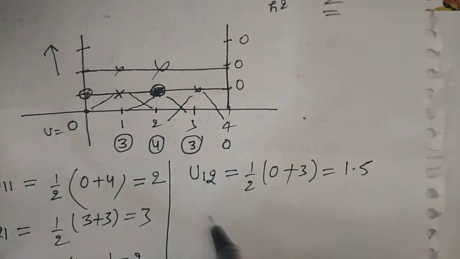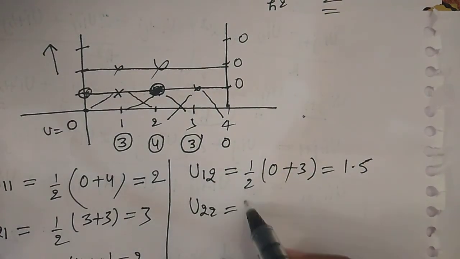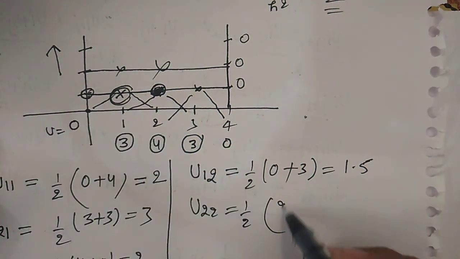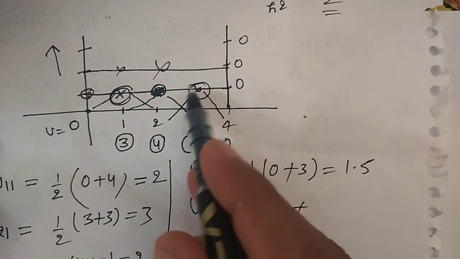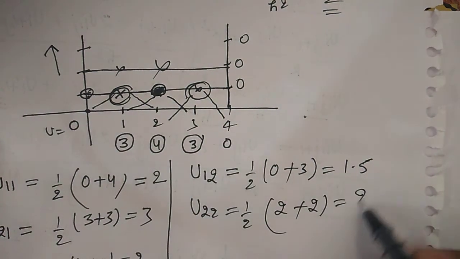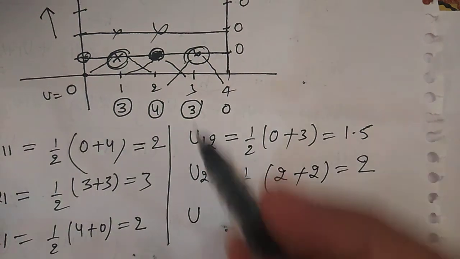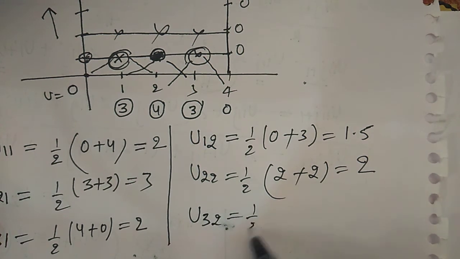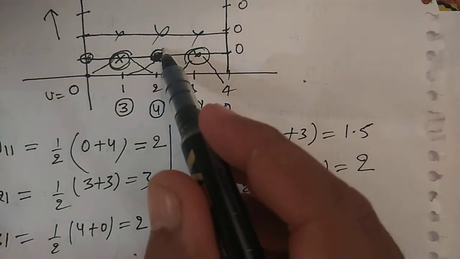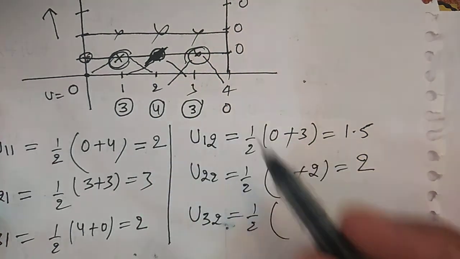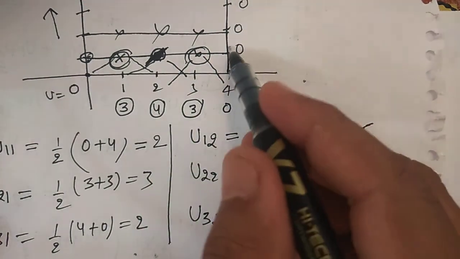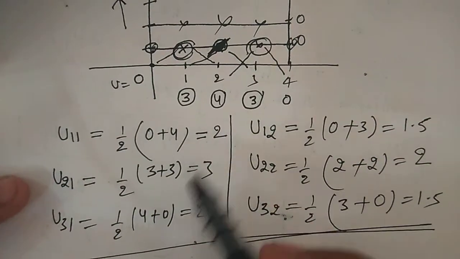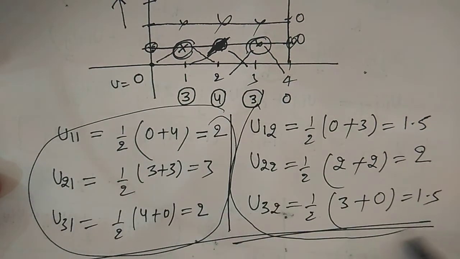For this point, u22, 1 by 2 of this point u11, that is 2, plus u31, which is 2, so we get 2. And take this point, u32 equal to 1 by 2, the average of this value u21, 3, plus u(4,1), which is 0, so we get 1.5. So this is the value for the first time level, and this is the answer for the second time level.